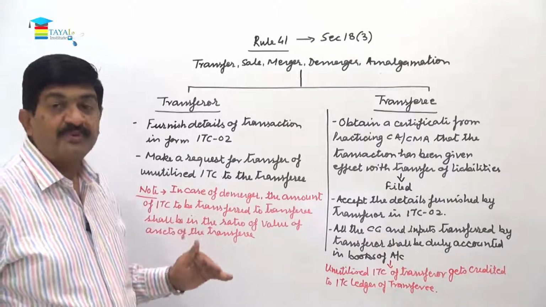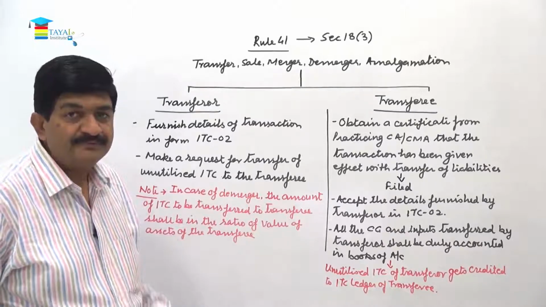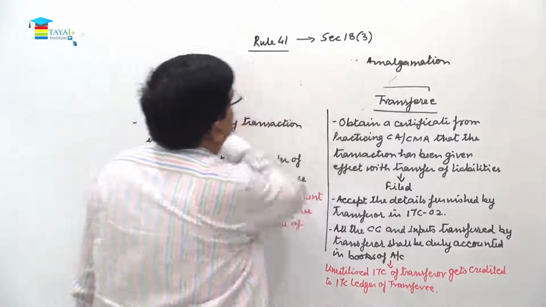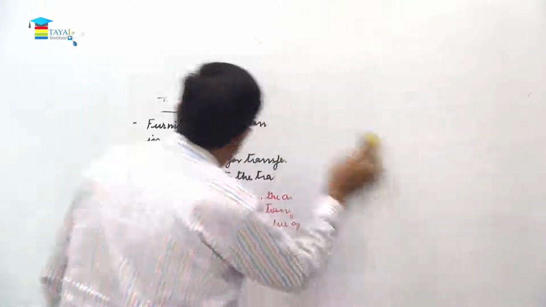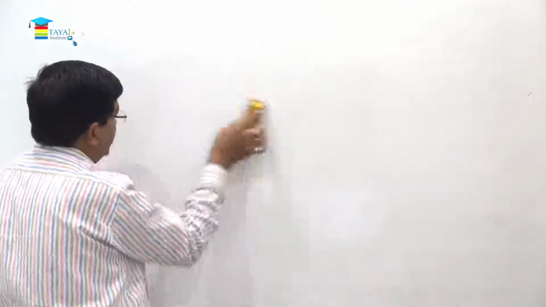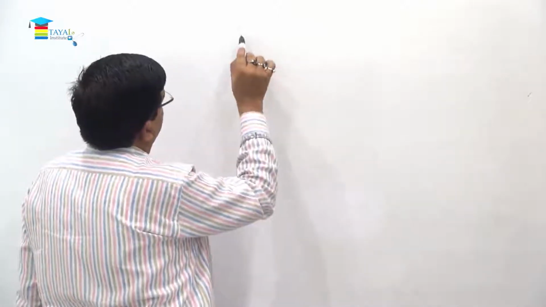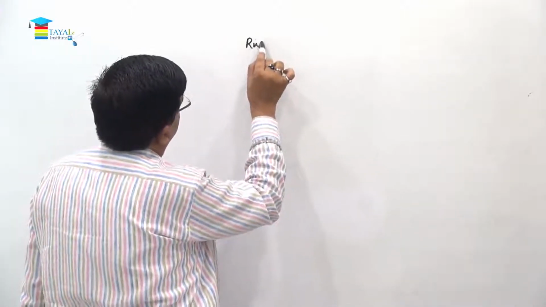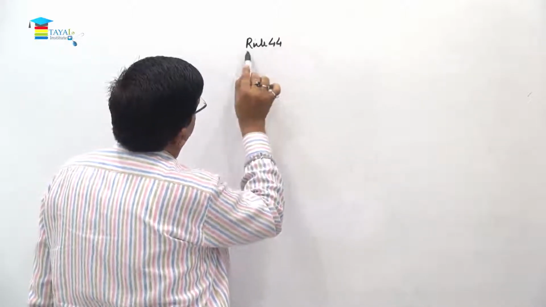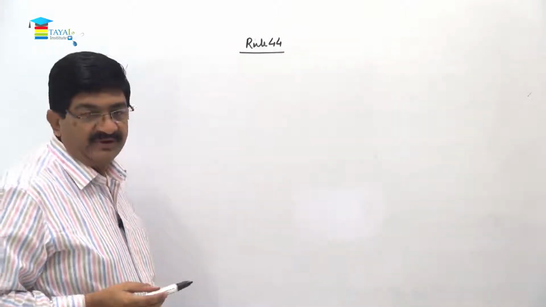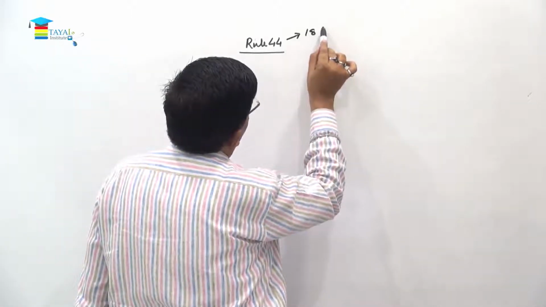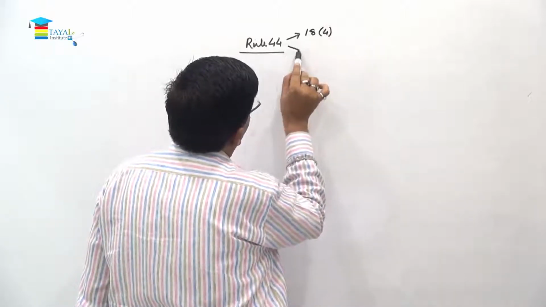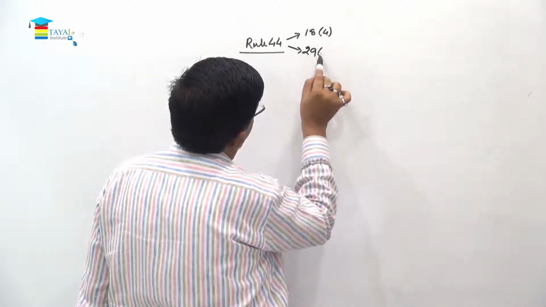Now the last rule for the purpose of section 18 is rule number 44. Now rule number 44 becomes relevant in two different situations, and those situations are covered in section 18 as well as section 29. So here we come to rule number 44, right? So as I said, this is applicable in two situations. One is referred under section 18 subsection 4, and another situation is under section 29 subsection 5.